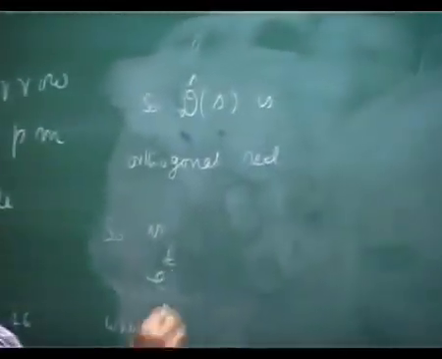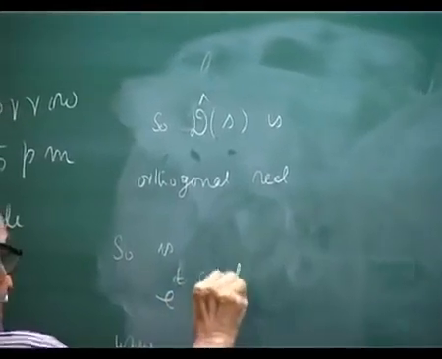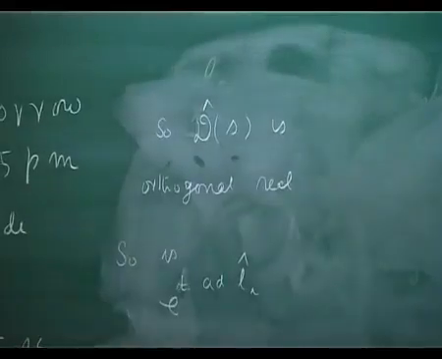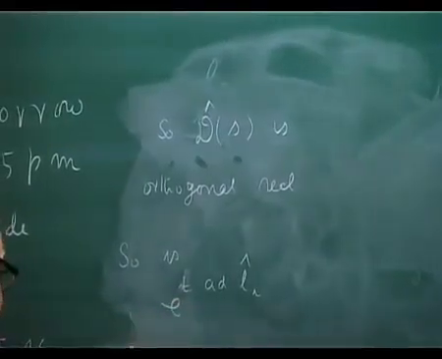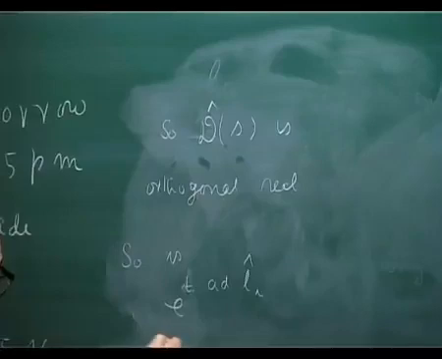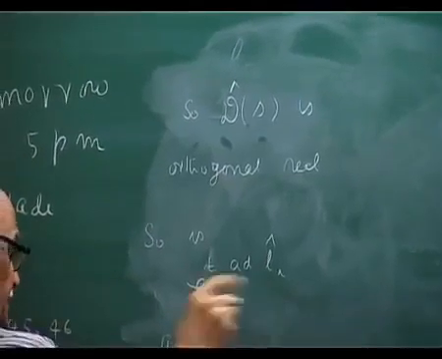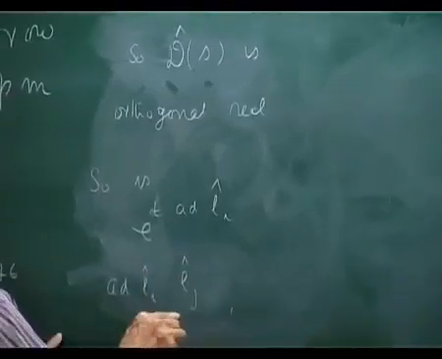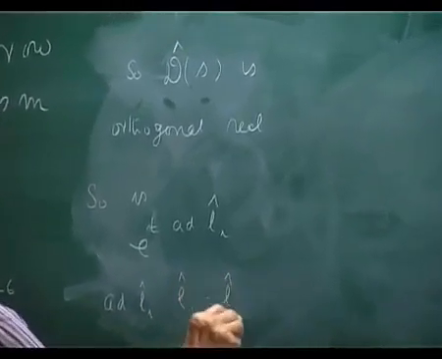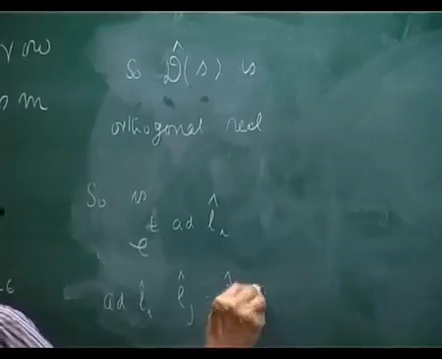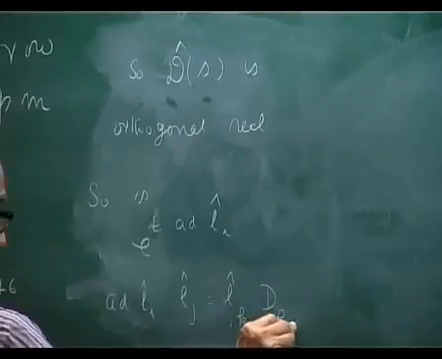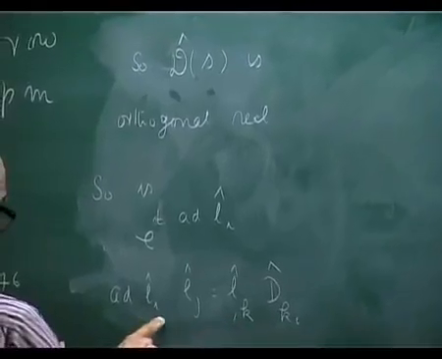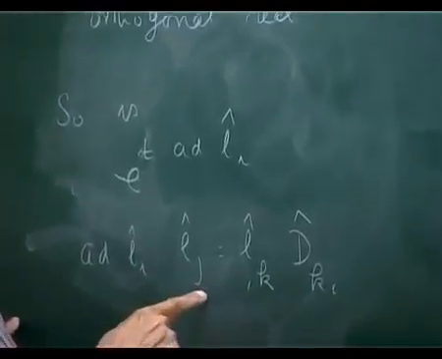So ad L hat I, in this basis, is defined by acting on L hat j, which gives L hat k, so that ad L hat I L hat j equals d k j L hat k.